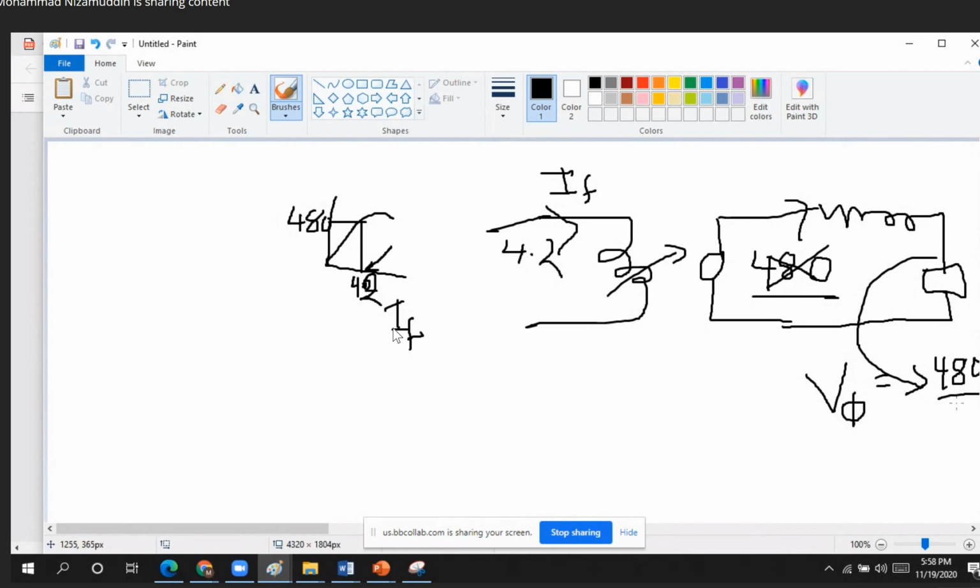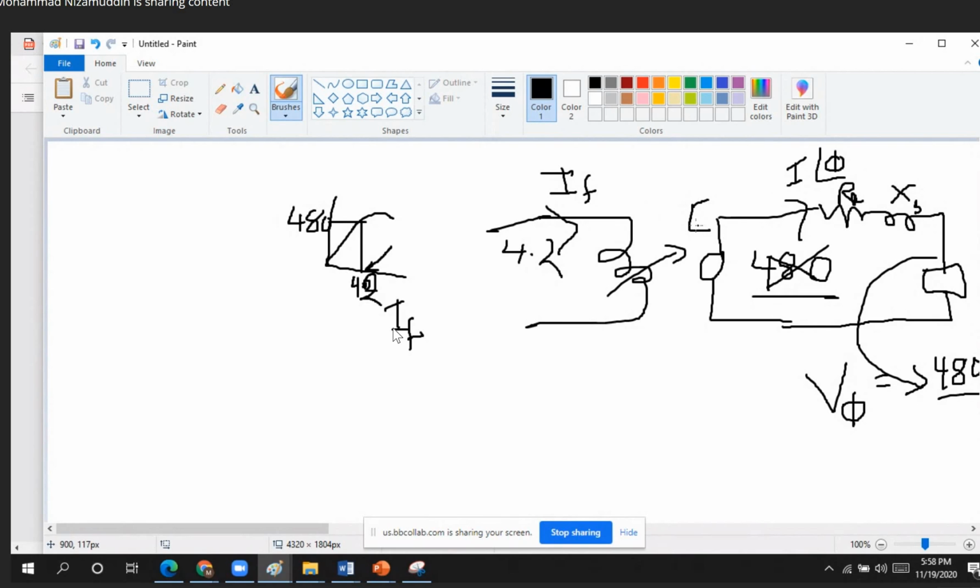So you know that this is V phase, and you know the current 1200 ampere, and you know the theta also from the power factor lagging, and times RA, and XS is given also, so you can find out E_A, voltage E here.